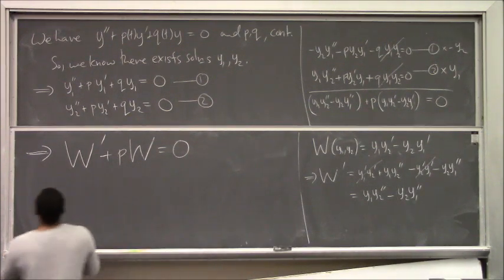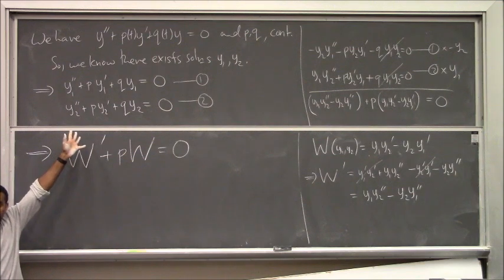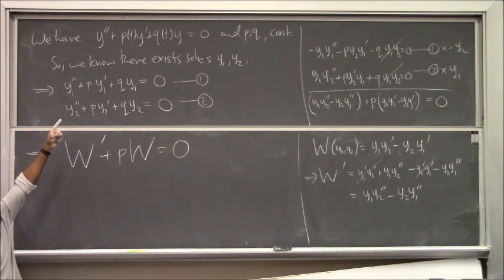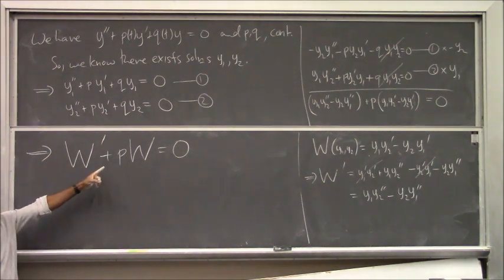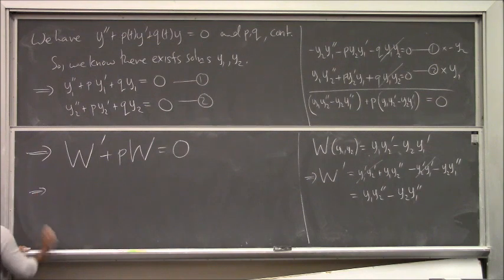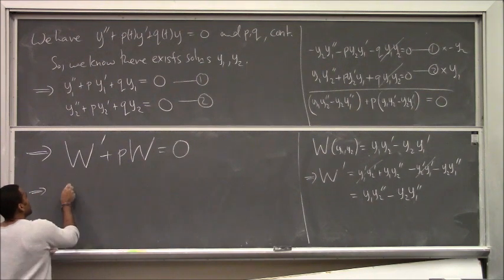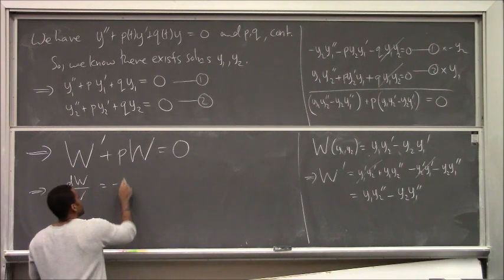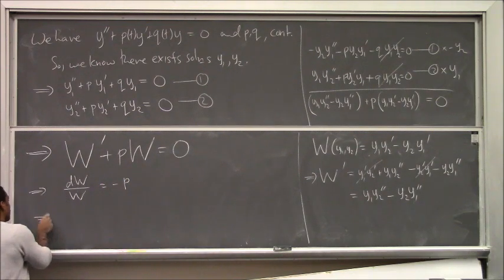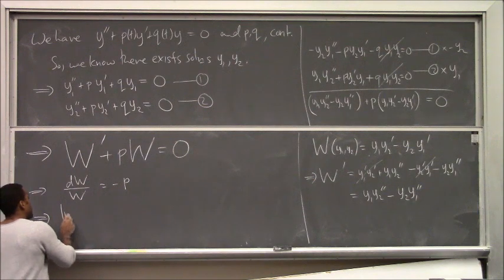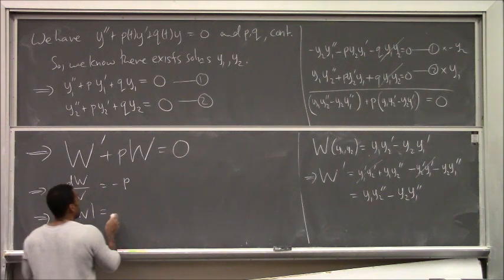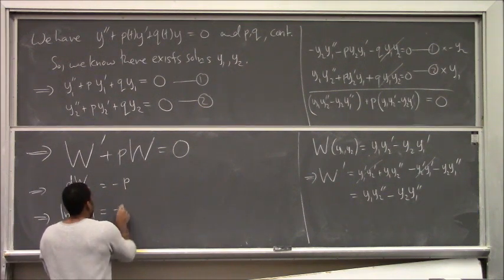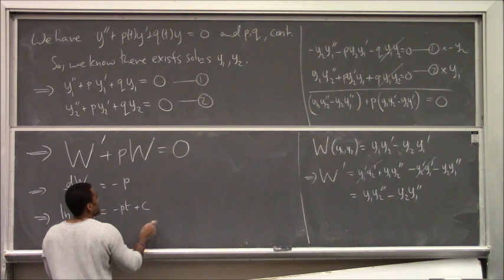Let's actually solve this. Now remember, nothing was assumed about my solutions. I don't even know what they look like. I just know that if I find two solutions, I can create this thing. And we know how to solve that thing, right? How do we solve that? Separable. So dW over W equals minus p. Yeah, back to square one. ln of the Wronskian is going to be minus p t plus a constant.